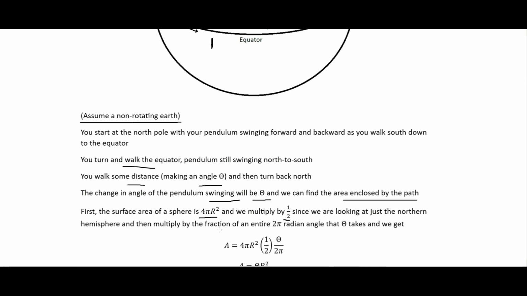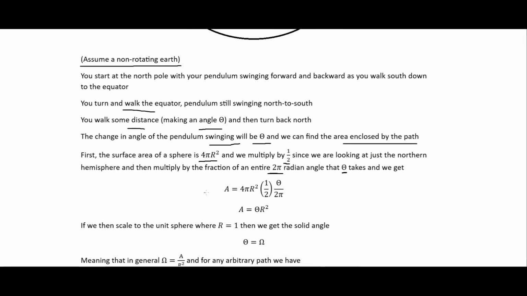And then we multiply it by the fraction of the entire 2 pi radian angle that this theta makes. That's the ratio of the number of radians we went to the total number of radians for a full rotation. And so we get this. This is the area of that space.